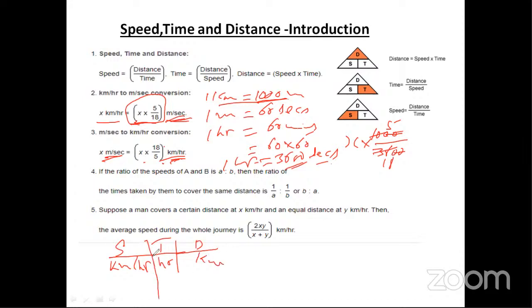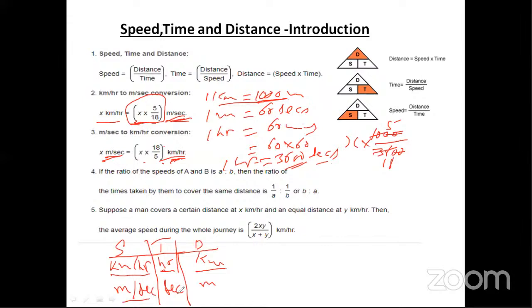Same way, if the speed is given in meter per second, time should be in second and distance should be in meter. So we need to make sure while solving these problems that if speed is in kilometer per hour, time should be in hour and distance should be in kilometer.